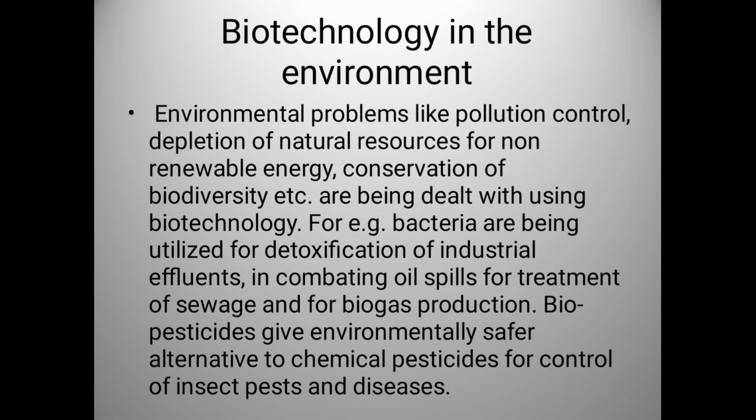For example, bacteria are being utilized for detoxification of industrial effluents, in combating oil spills, for treatment of sewage, and for biogas production. Can you imagine, bacteria which we are making through genetic manipulation are helping detoxify industrial effluents by decreasing the concentration of toxins. So ultimately they are helping in biodiversity conservation, because if the effluents are treated, when released in water they will not be dangerous for marine life.